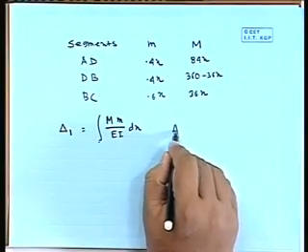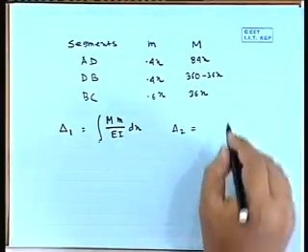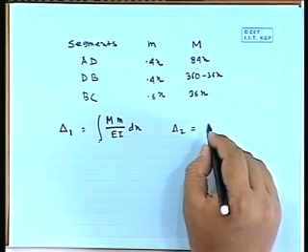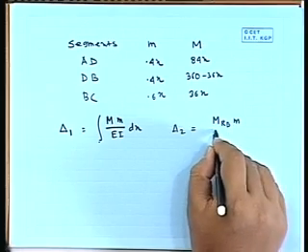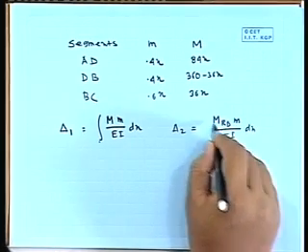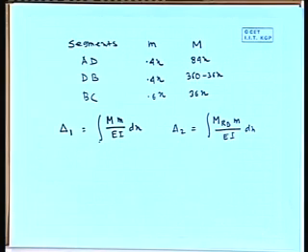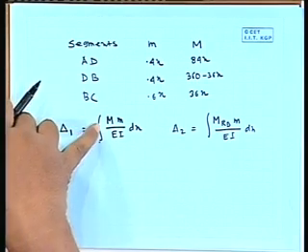So, delta 2 will be, where capital M is the moment produced by the 120 kilonewton load. If we put RB and get the moment expression, that moment expression will be m RB, and if we multiply it by m by EI, that will be the deflection at that point.